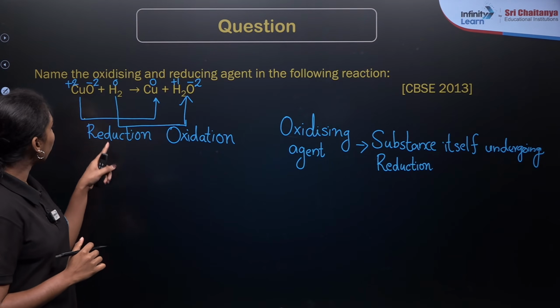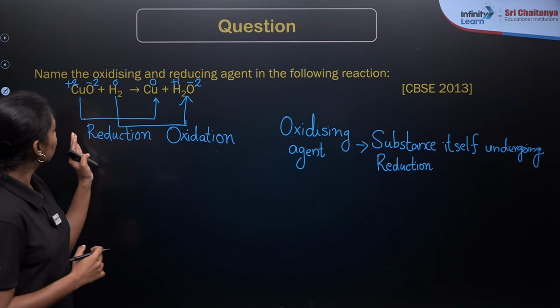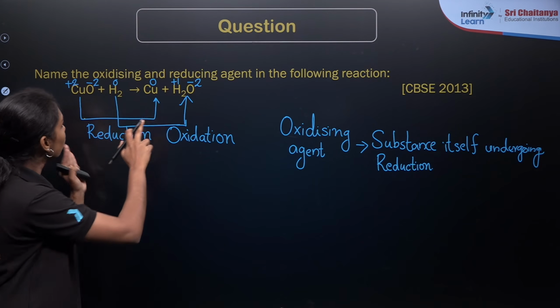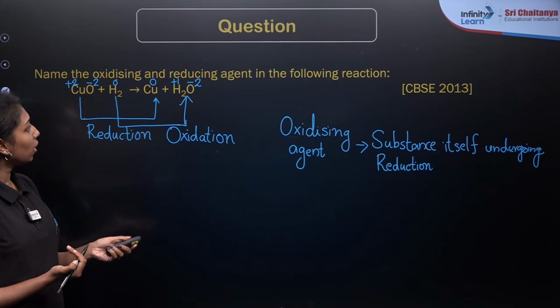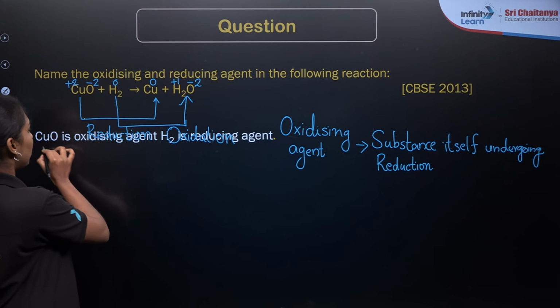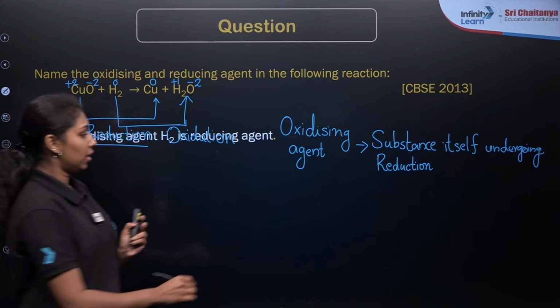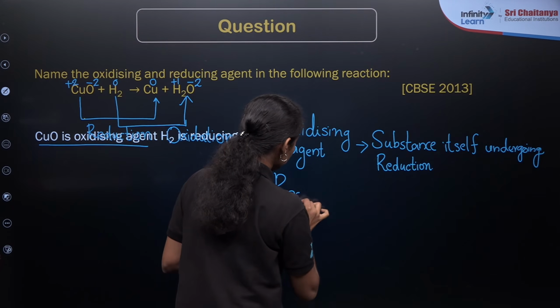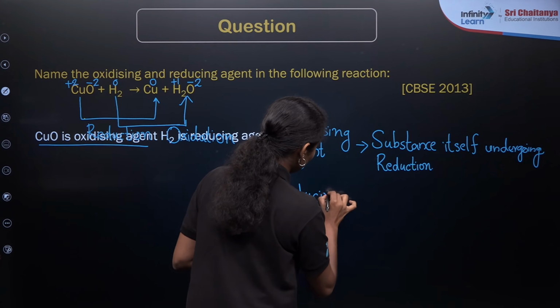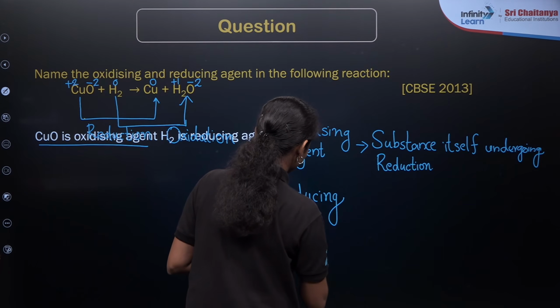So from here you can identify that copper oxide is undergoing the reduction, which means copper oxide is the oxidizing agent over here and hydrogen is the reducing agent. Similarly, a reducing agent is defined as a substance that itself undergoes oxidation.